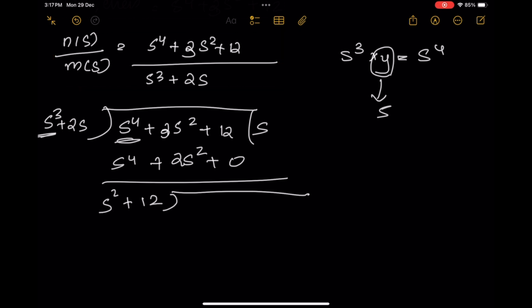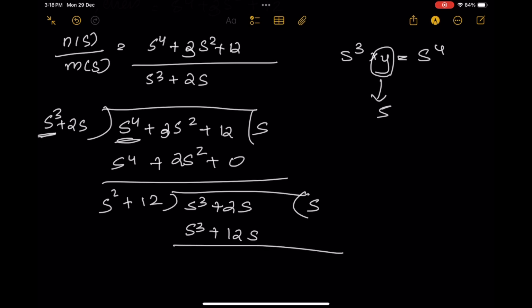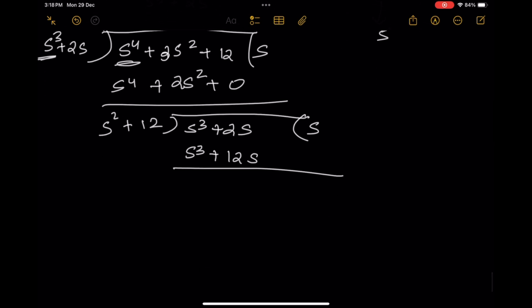Okay, and now I'm dividing again with s cube plus 2s in the inside, so I have to make s square into s cube, so I'm multiplying with s, so it will be s cube plus 12s. Subtracting, I will get minus 10s.